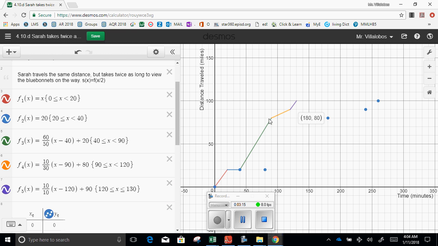From this point, 180 used to be at 90, 80. This point is now at 80, 20 used to be at 40, 20, and 40, 20 used to be at 20, 20. Right there.